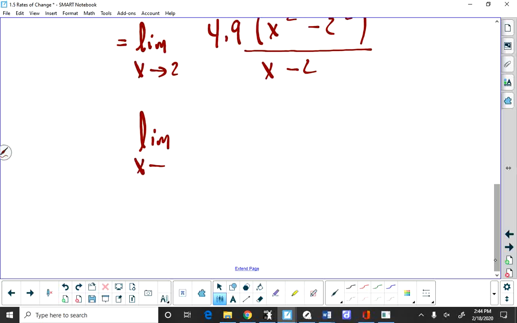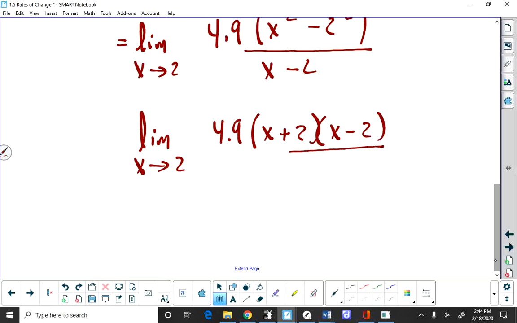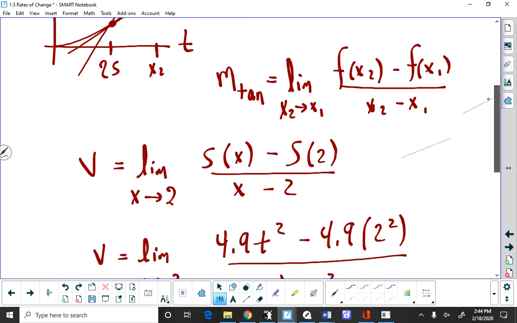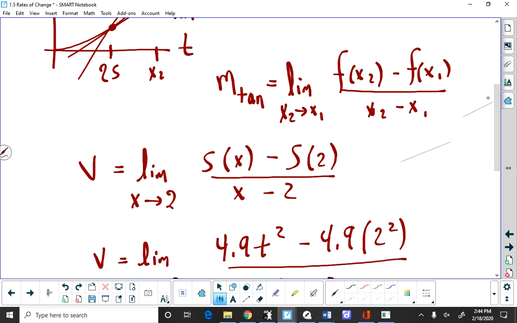So the limit as x approaches 2 of 4.9 times x plus 2 times x minus 2 over x minus 2. You know what's interesting is I'm doing all this work and I never did what I've taught you to do when you evaluate a limit, which is to put the variable value in to begin with. I never actually put 2 in for x, but slopes of tangents don't work that way.